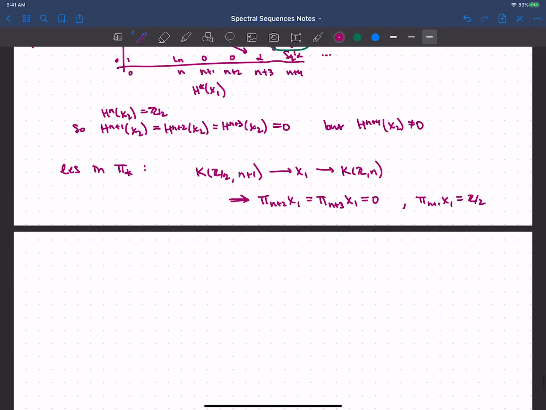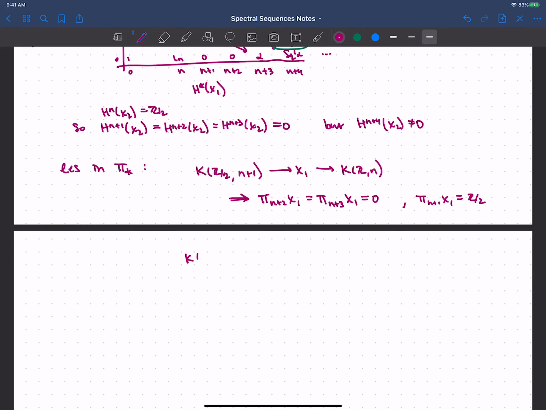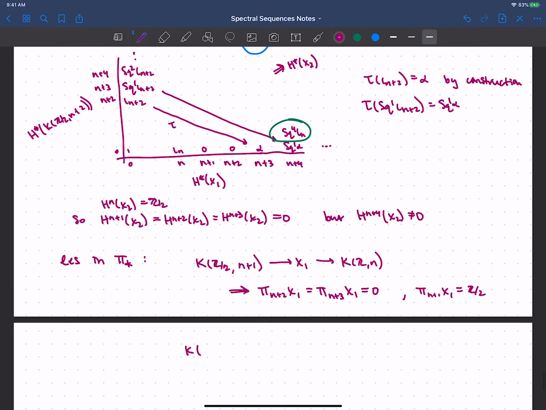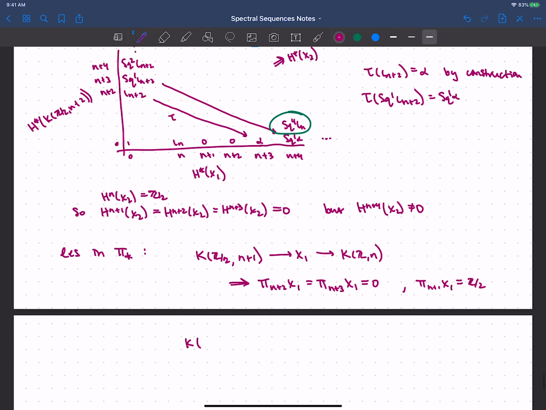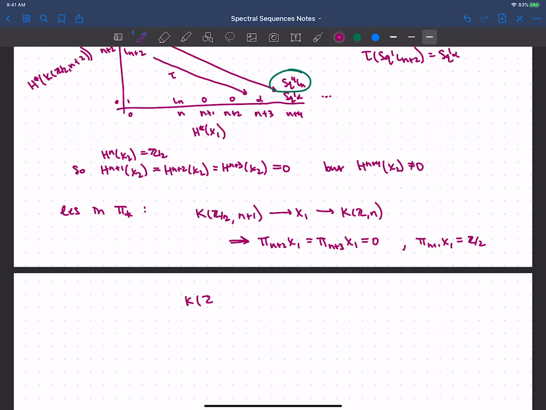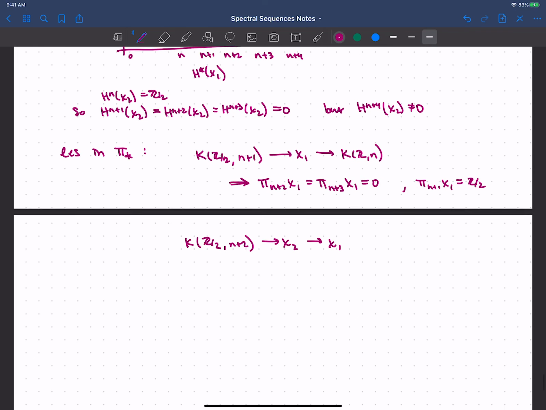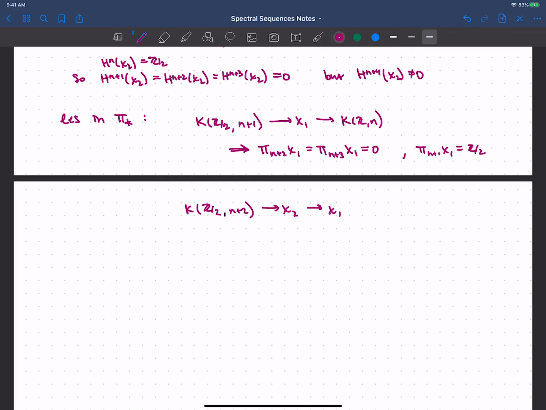From this new fibration, what do we have? Well, our new fibration is gone off the page. There we go: K(Z mod 2, n+2) to X2 to X1. Okay, so in this new fibration, if we run the long exact sequence, then in particular we'll have, say we go to pi_{n+3} of X1.